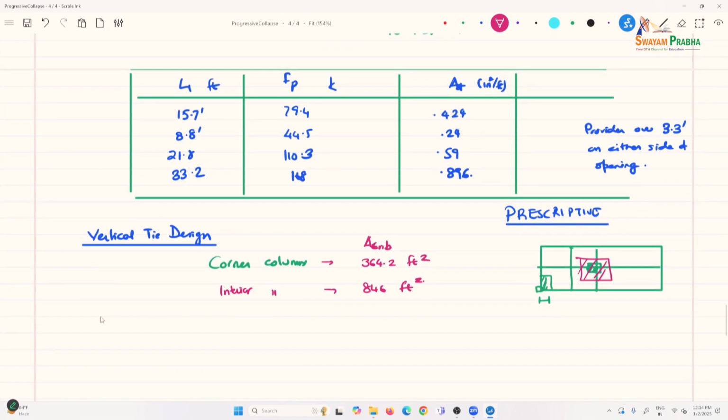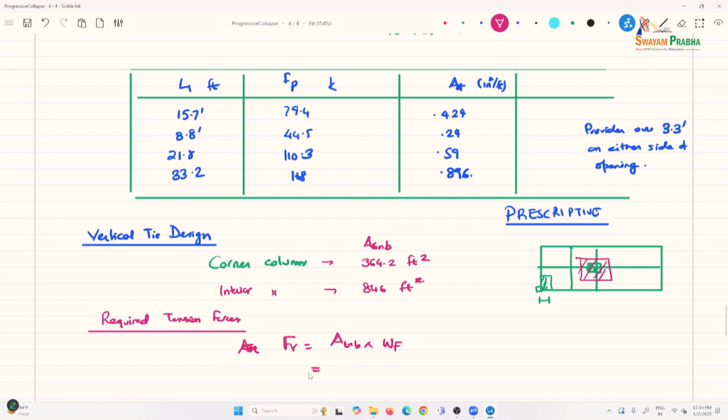The required tension forces are Fv, first of all, A tributary multiplied by Wf.